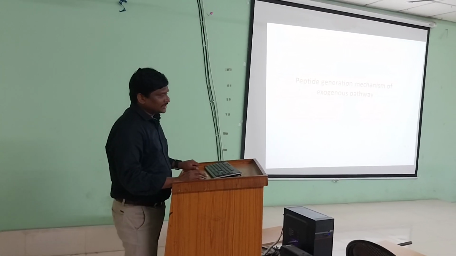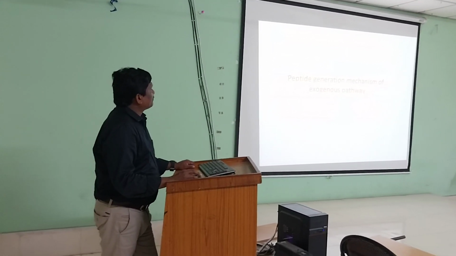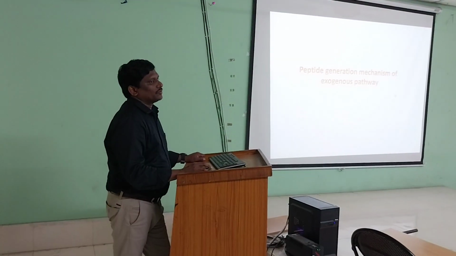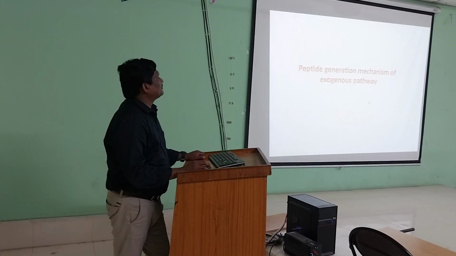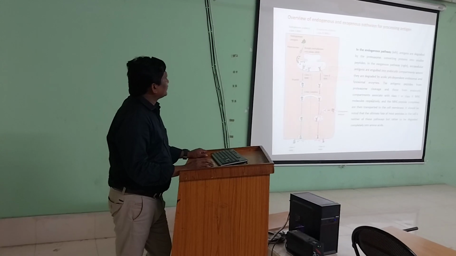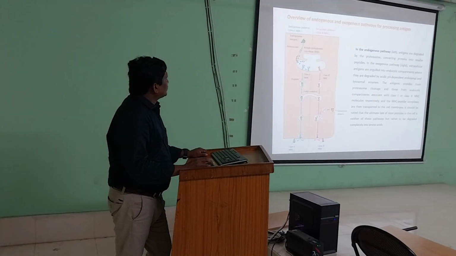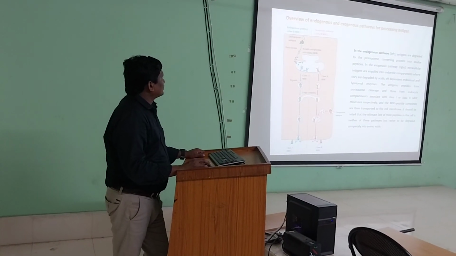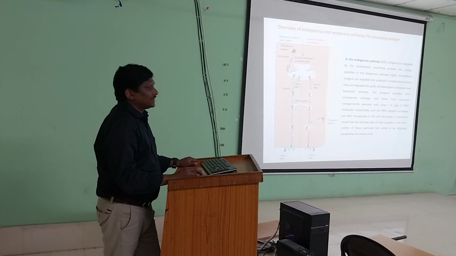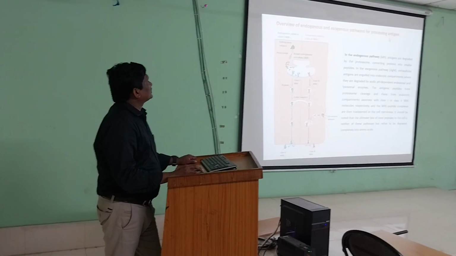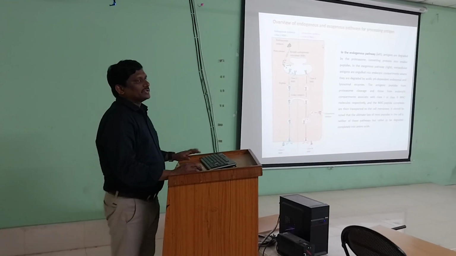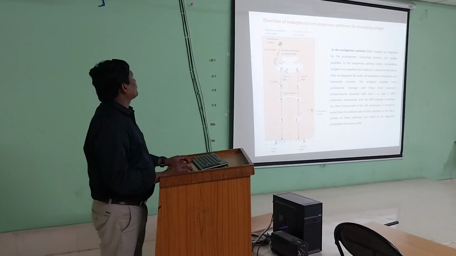So let's take a look at how these peptides are generated. What is the underlying mechanism in the endogenous pathway? Right. This is the overview of both exogenous and endogenous pathways that process the antigens into smaller peptides.